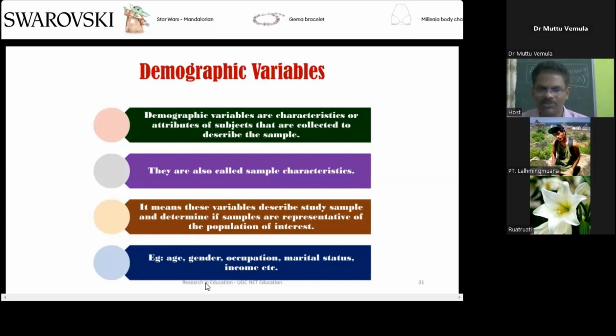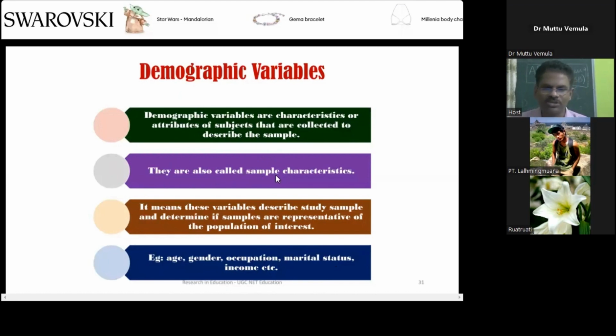But in between, when you study this also: age of the teacher, gender of the teacher, occupation, marital status, income, qualification, experience, subject taught, locality where they are working. Now, all these are called demographic. Therefore, demographic variables are characteristics or attributes of subjects that are controlled to describe the sample.